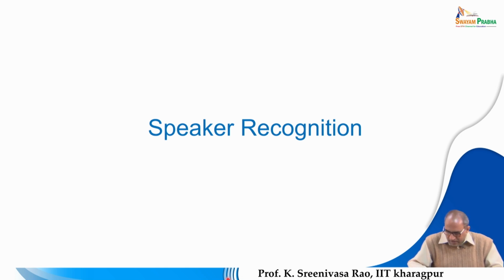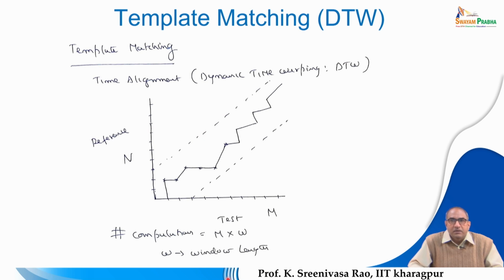Today we are going to discuss speaker recognition. Before going to the details, I just want to spend 5 minutes to conclude yesterday's lecture, automatic speech recognition. In the last lecture we were discussing template matching.